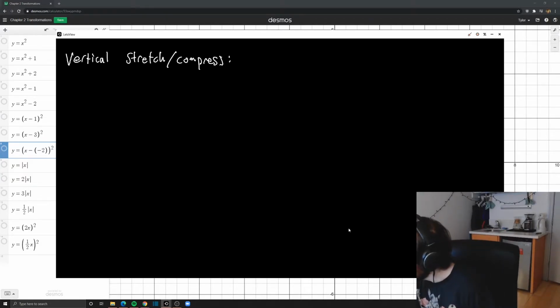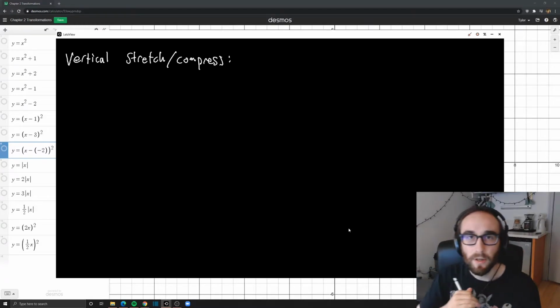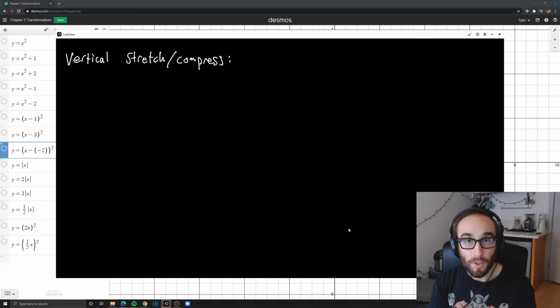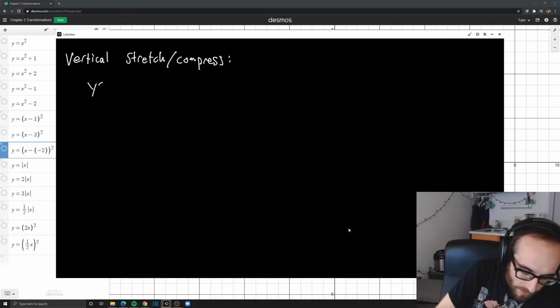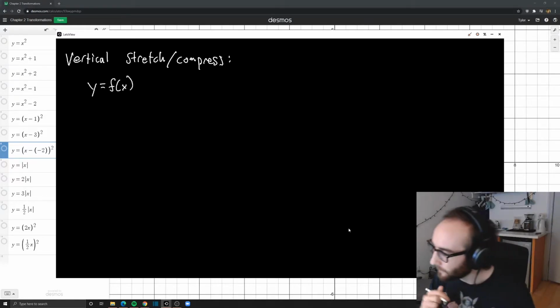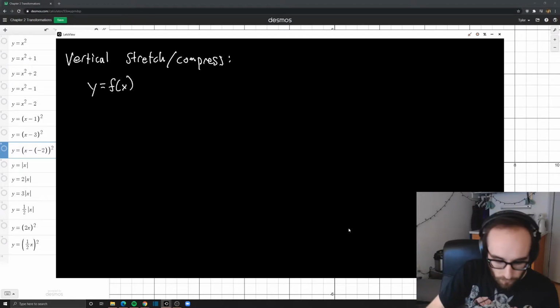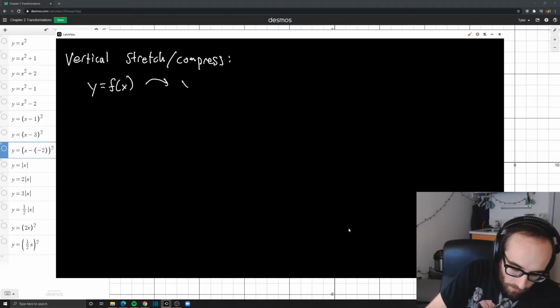So for stretches and compressions vertically, we're looking at multiplying on the outside. In other words, multiplying f of x. Our book gives us y equals f of x. And if we transform this by multiplying by some number k, y equals k times f of x.